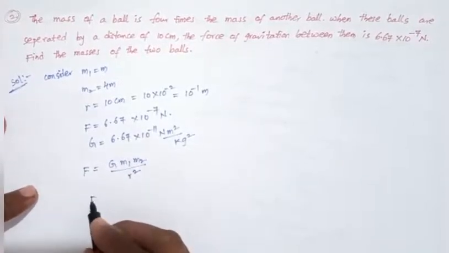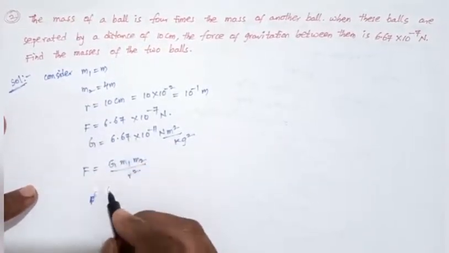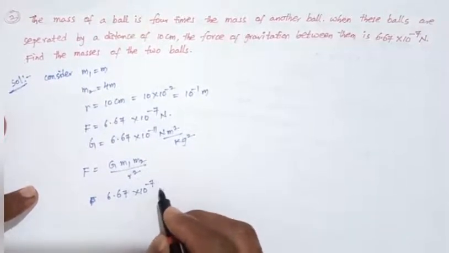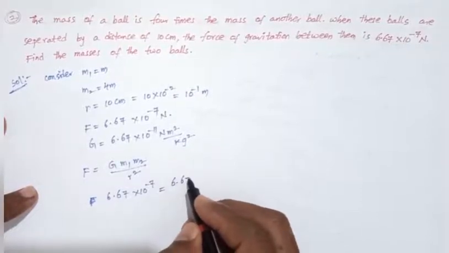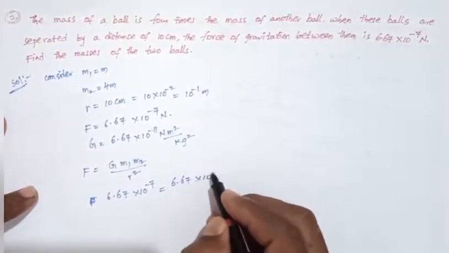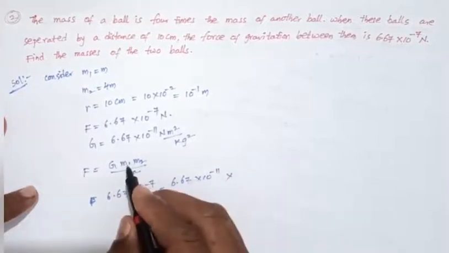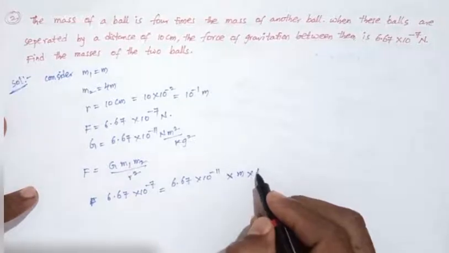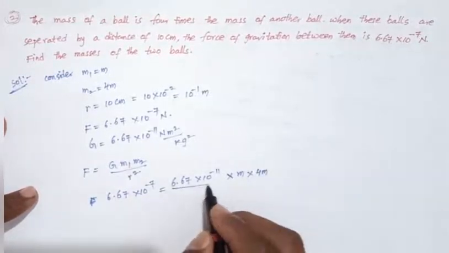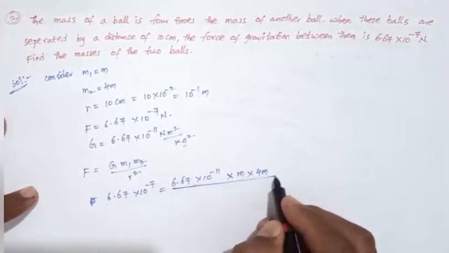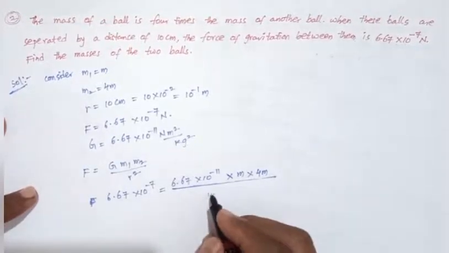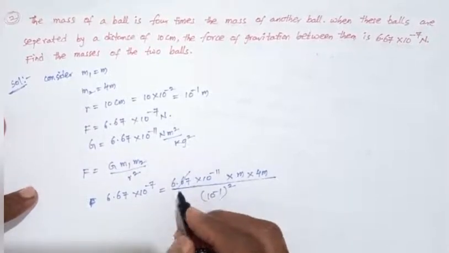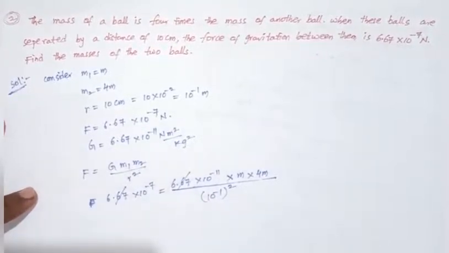Okay, force is given: 6.67 into 10 to the power of minus 7 equals G, 6.67 into 10 to the power of minus 11, into m1 equals m, m2 equals 4m, divided by r equals 10 power minus 1 whole square. 6.67 cancels.